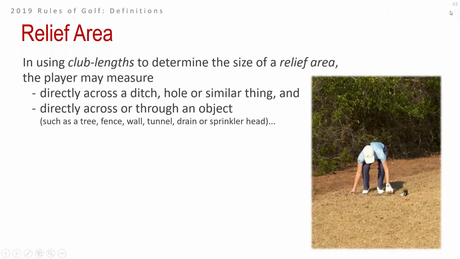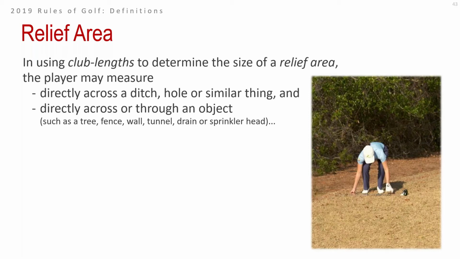The player may measure directly across a ditch, hole, or similar thing, and directly across or through an object, such as a tree, fence, wall, tunnel, drain, or sprinkler head. I've seen this on a test question. I haven't had a player ever ask me, but you cannot measure through a hill.